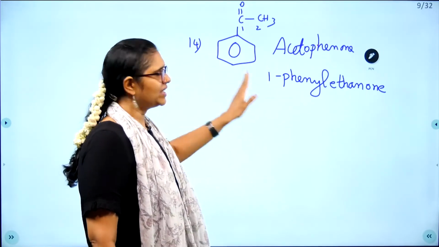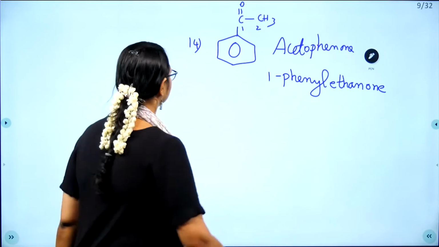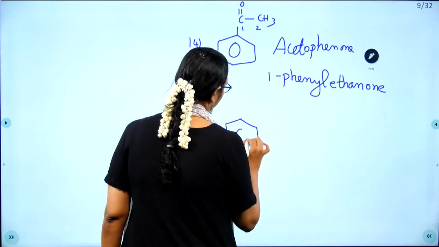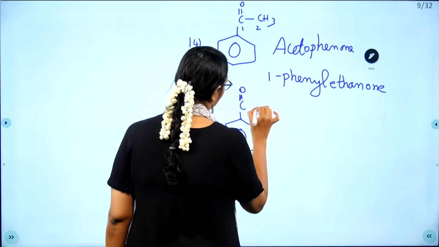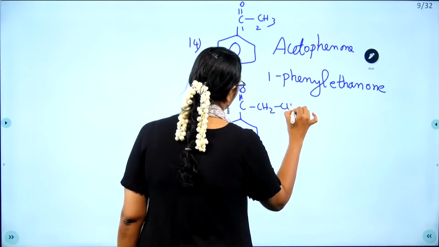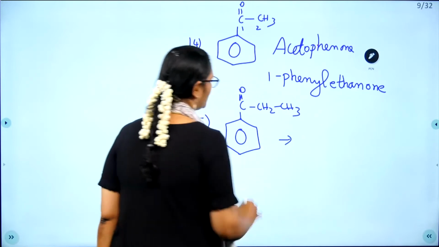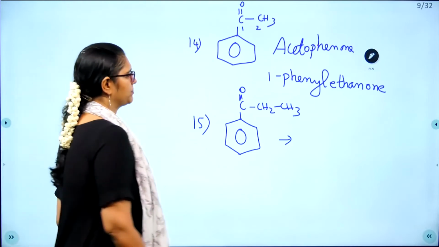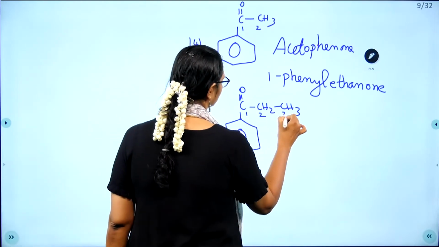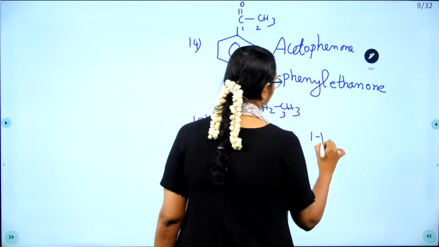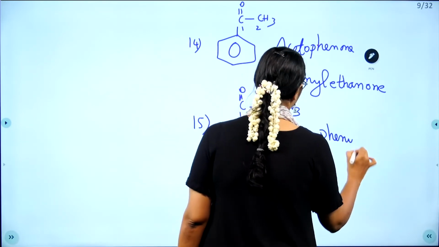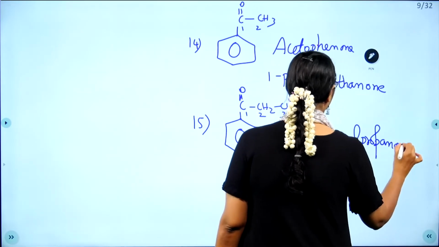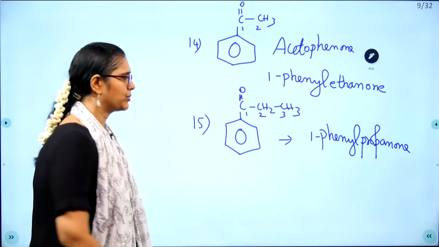So 1-phenyl ethanone. Try this. How will you name this? Go with the proper IUPAC naming. So 1, 2, 3. So it is 1-phenyl propanone. 1-phenyl propanone.